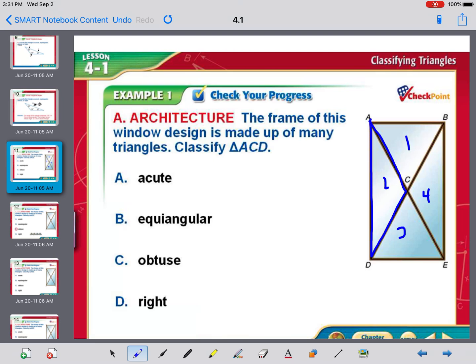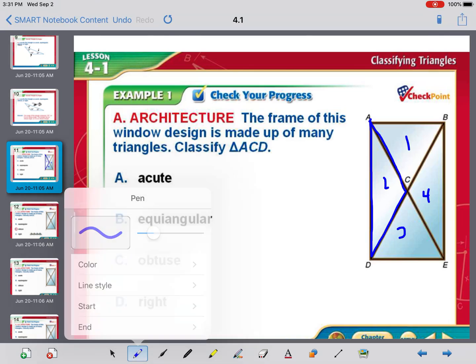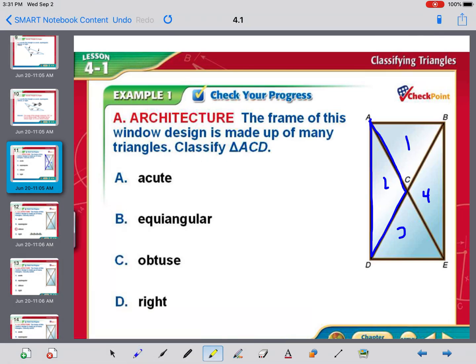But they mention A, C, D, which is what I labeled as triangle 2. I just want to hit you with this before we move along, though. Did you see this triangle? Because it wasn't one of the 1, 2, 3, 4s that I labeled.